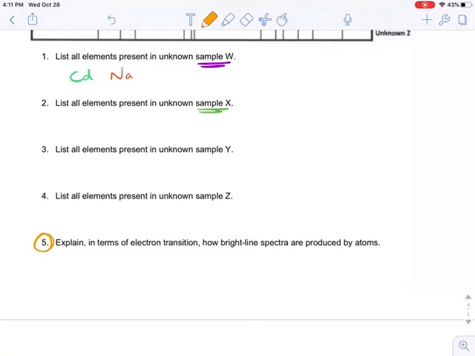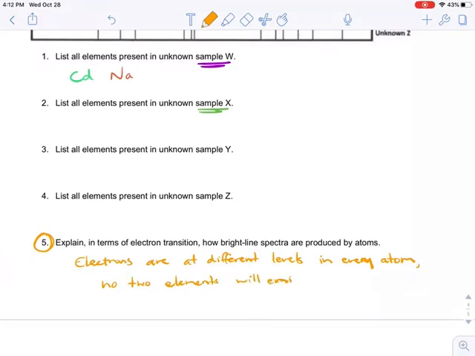So because electrons aren't the same in every element, no two elements will emit the same spectrum.